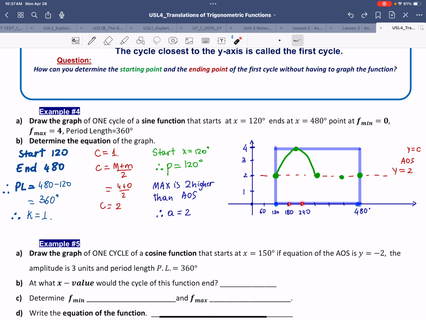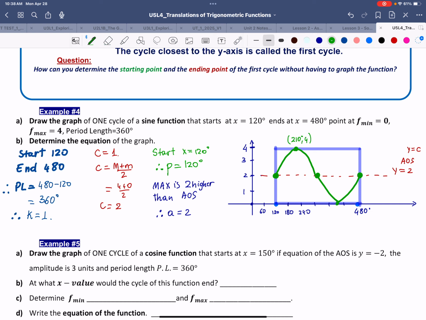So between 180 and 240, there is 60 degrees, so that must be at 210. So x is 210 degrees and y is 4. So continue drawing the rest of the graph, and we'll have to hit 0 somewhere in here. Okay, so I would just put in this to align my points.